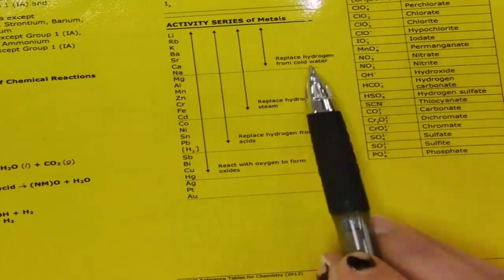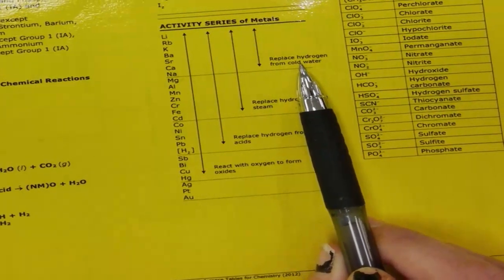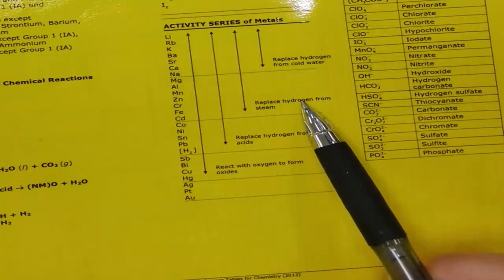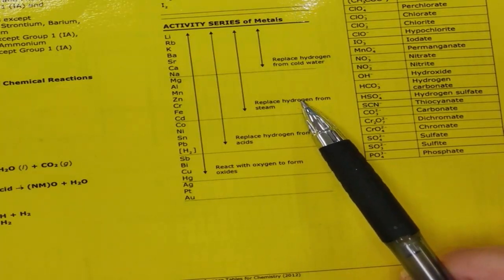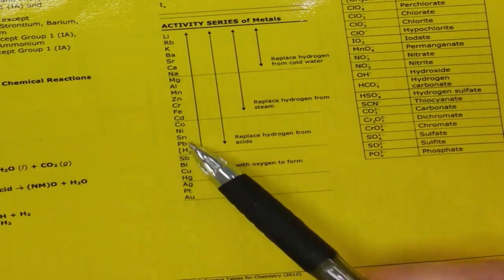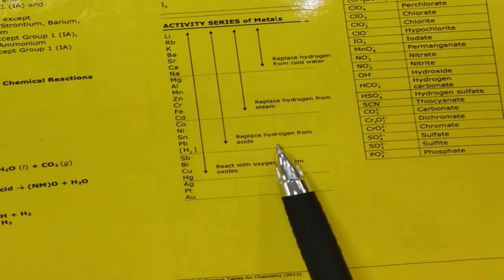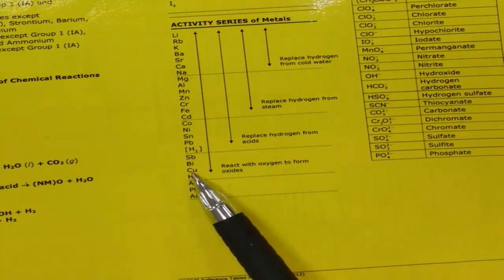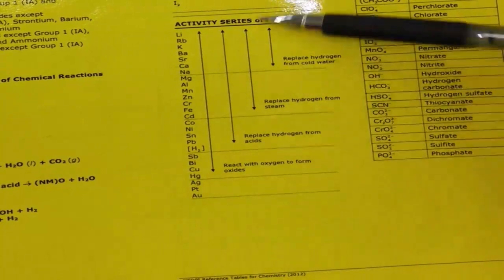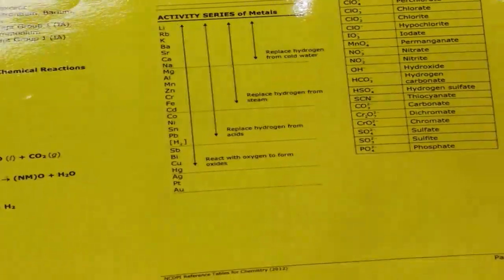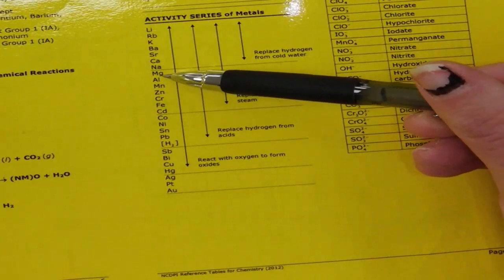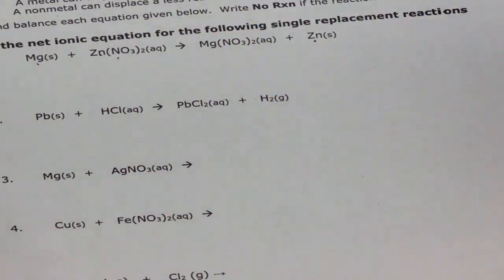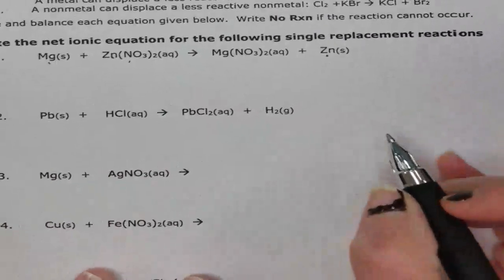Lithium through sodium can replace hydrogen from cold water. If we go through cadmium, we can replace hydrogen from steam. That would be gaseous water. Here we've got our line through our acids and then reacts with oxygen to form oxides. So we have some additional rules with the lines. But magnesium will replace zinc, which is our most basic type, just looking at the activity series.